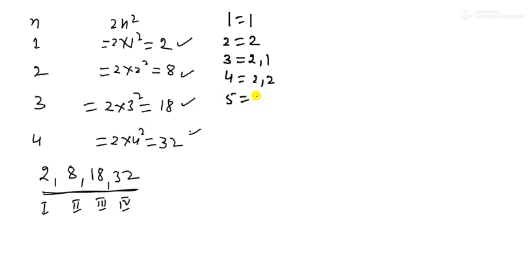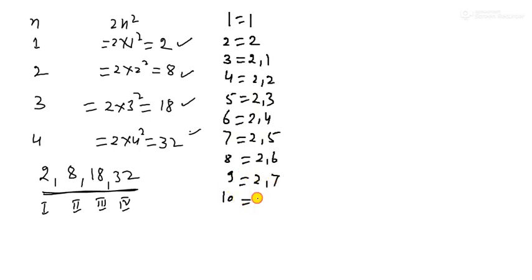If it is 5, it is 2, 3, and 6 is 2, 4. If it is 7, it is 2, 5. If it is 8, it is 2, 6, and 9 is 2, 7. If it is 10, it is 2, 8, and after this 11 is 2, 8, 1, and 12 is 2, 8, 2.